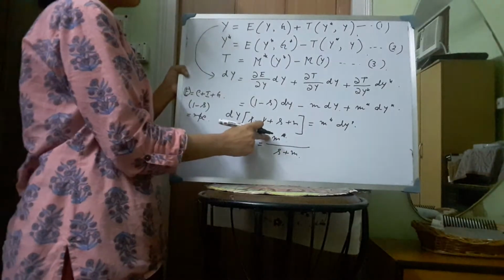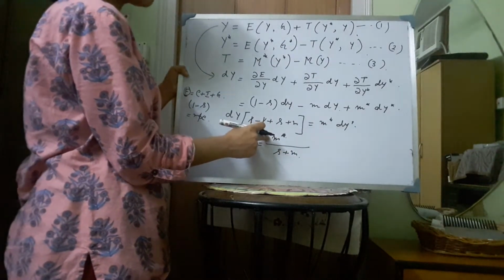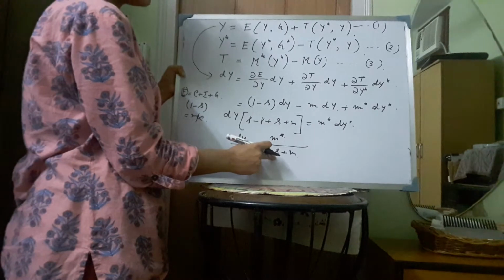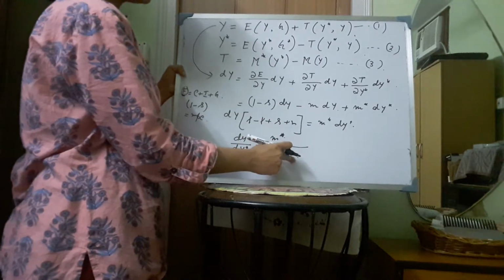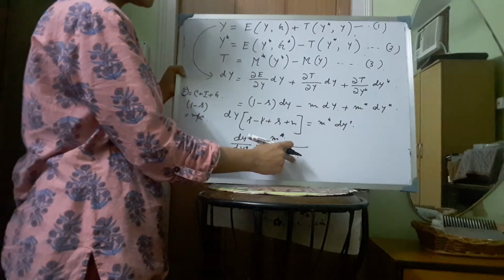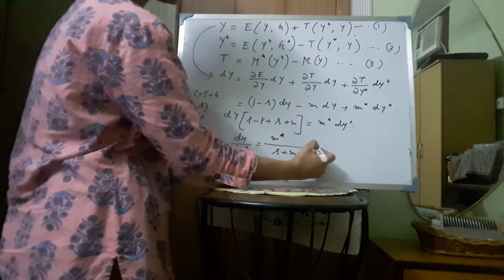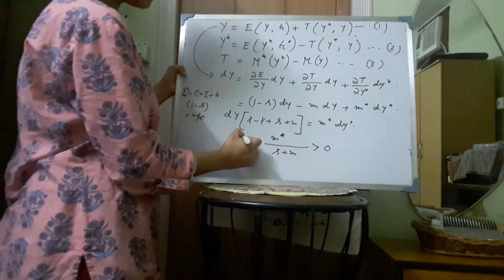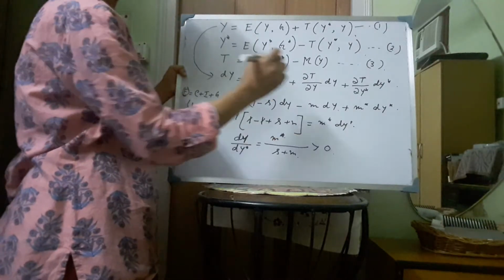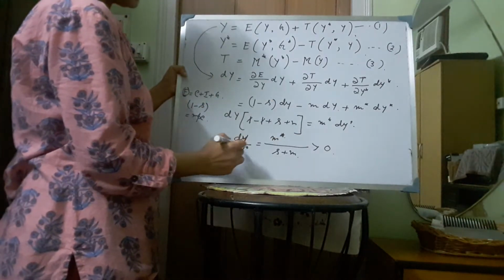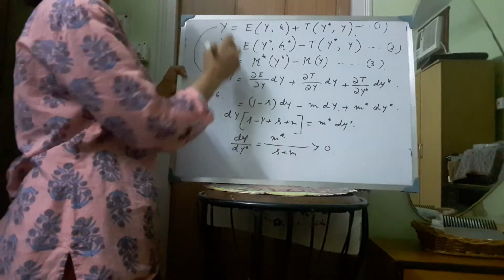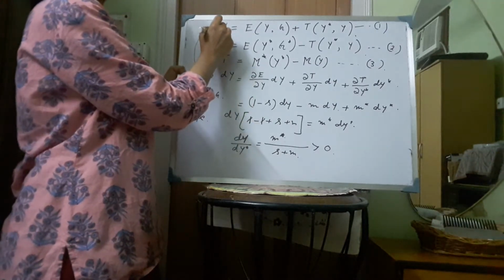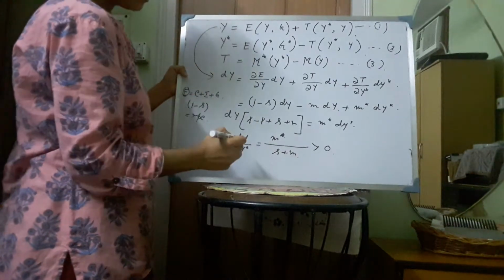M star is the marginal propensity to import in the foreign country. This is the MPS in the domestic country. This is the marginal propensity to import in the domestic country. So we can say that this expression is greater than 0. So therefore dy by dy star is greater than 0. And this we are getting from the equilibrium condition in the domestic economy.